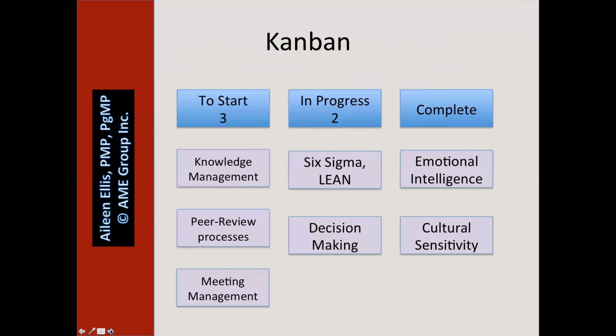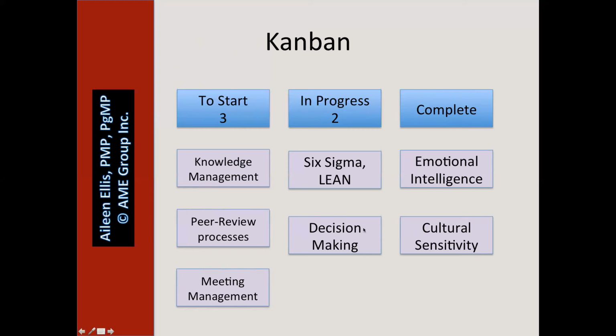Let's visualize a Kanban system. Here I have a simplistic view of mine. You'll notice, starting at the right, these are two videos I have just completed, one on emotional intelligence and one on cultural sensitivity. In progress, with my Kanban system, I only allow two videos to be in progress at once, thus limiting my work in progress. Right now, we're working on the Six Sigma Lean video.